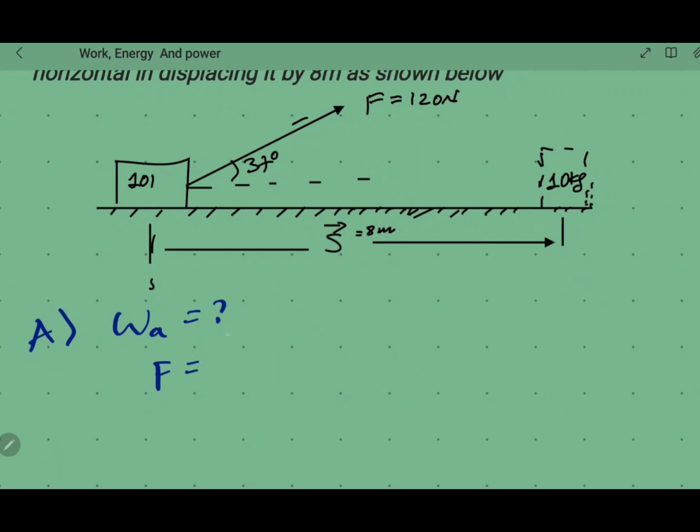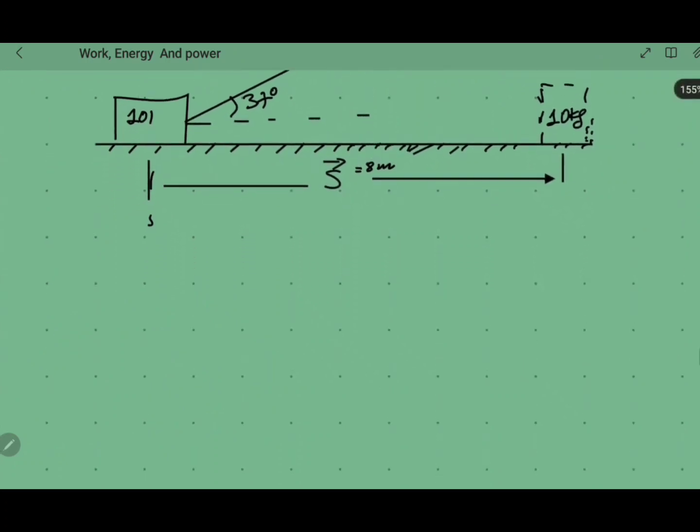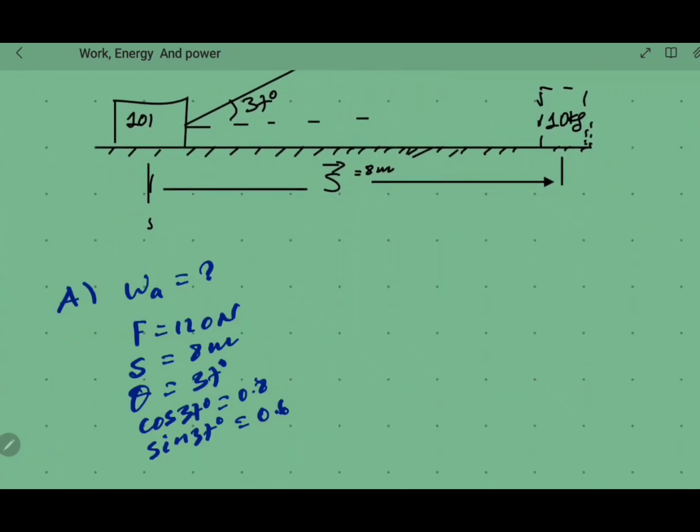The force is given to be 120 Newton, the displacement is 8 meters, and the angle theta is 37 degrees, from which you can get the sine and cosine of the angle. The work done by the applied force is required.